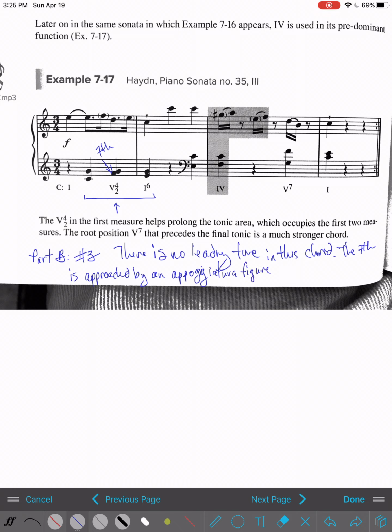If we look at it, we leap up into the 7th and then resolve down by step here. Appoggiatura figure, and resolves down by step to scale degree 3. That's really all we're looking for, some sort of explanation just like that.